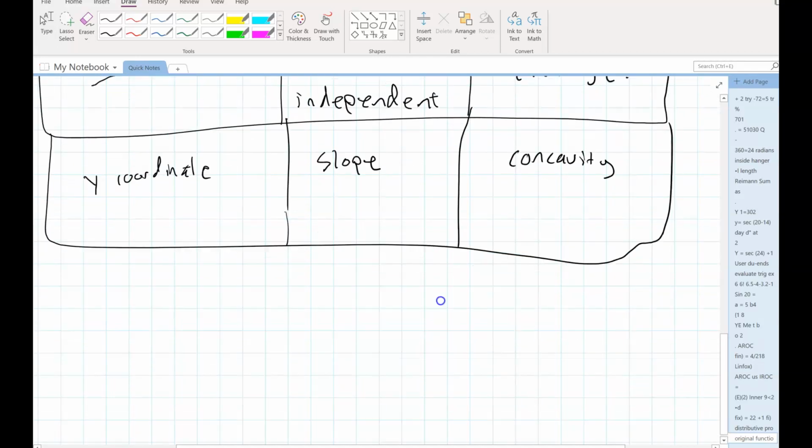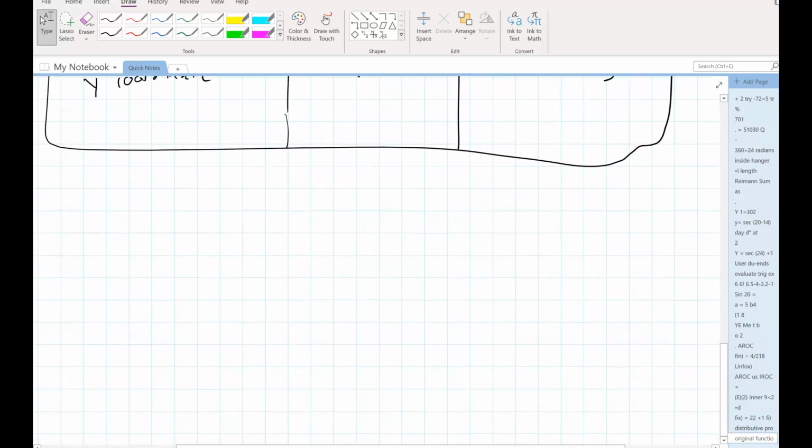And also it's really good to pay attention to units, because the units can really help us determine what the derivative means. So for example, let's say I'm painting a house.